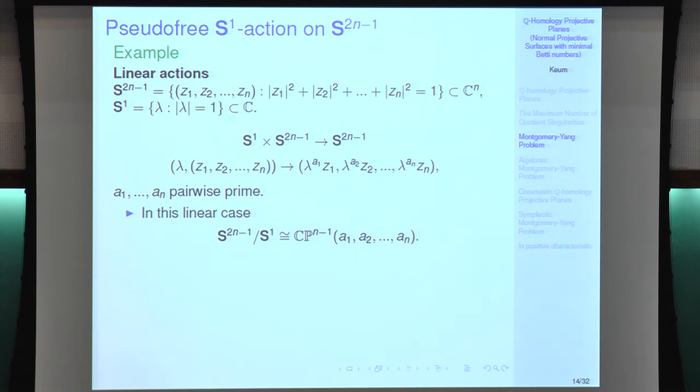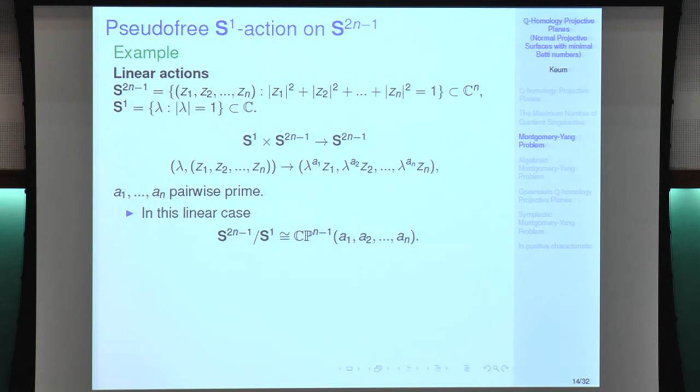Actually, the action is not linear in general, but it's a kind of diagonal action. And in this linear case, the orbifold space, the quotient S1 slash, is nothing but the weighted projective space.